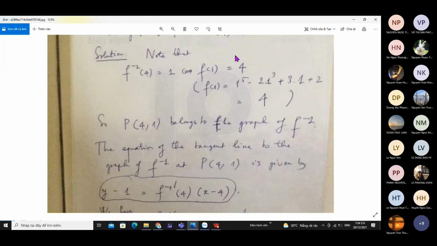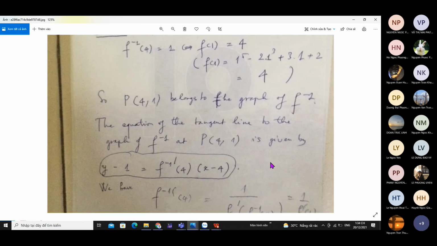And that's why the equation of the tangent line to the graph of f inverse at the point P is given by y minus 1 equals the derivative of f inverse at 4 times (x minus 4). The derivative of f inverse at 4 gives you the slope of the tangent line to the graph of f inverse at P. You remember?